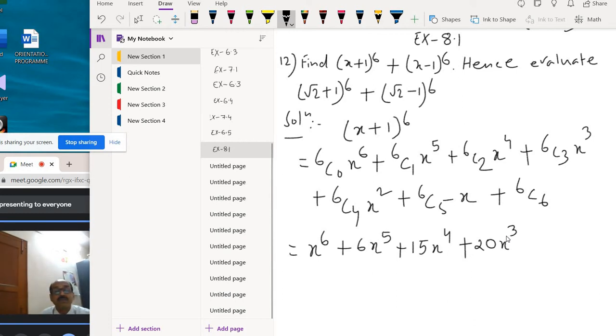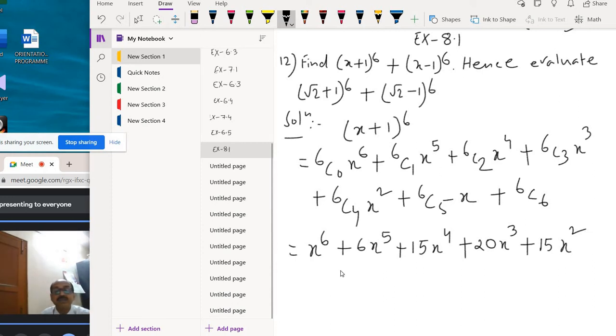Plus 6C4, that is factorial 6 by factorial 4 into factorial 2. So 6 into 5 is 30, 30 by 2 is 15. So 15 x square.